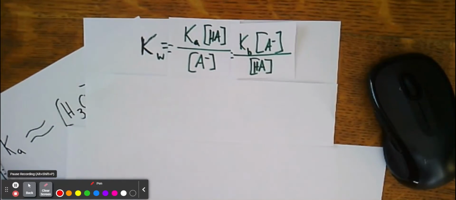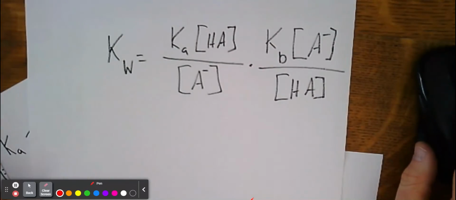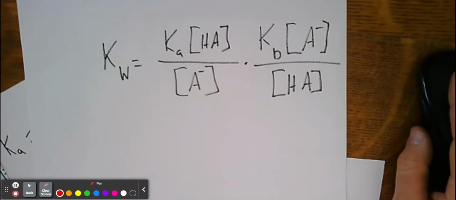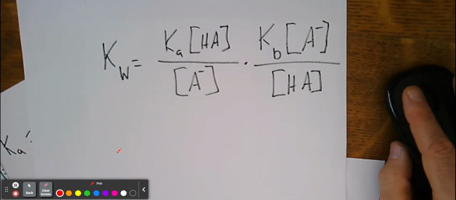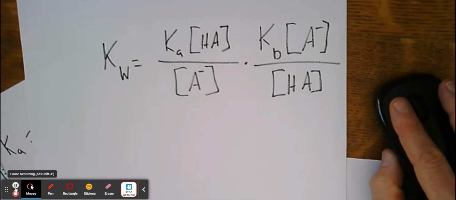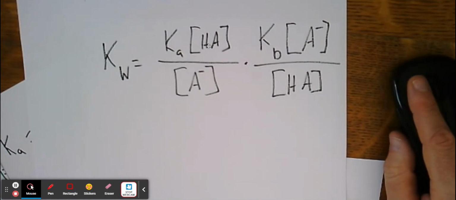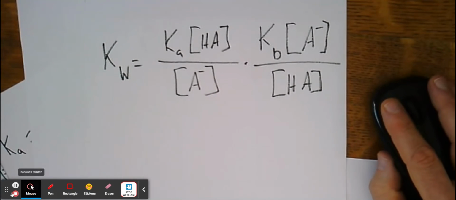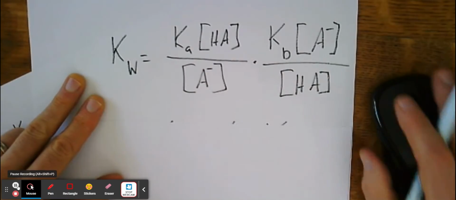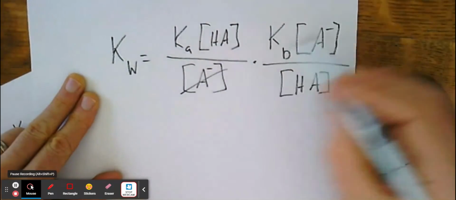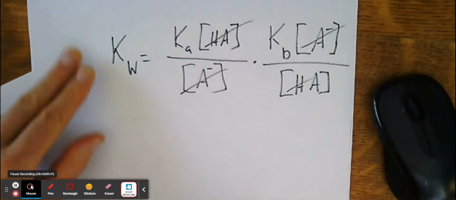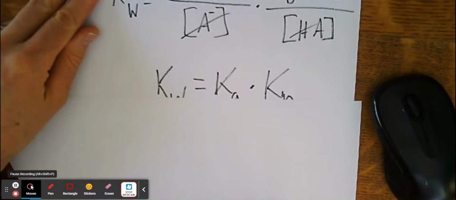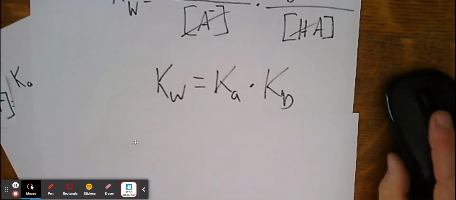I'm going to rewrite this. Okay, do you notice anything? You might notice that you've got HA and HA and A negative and A negative. They're going to cancel out, and I'm going to be left with the combined equation that Kw is Ka times Kb.